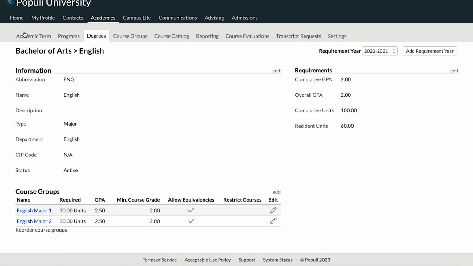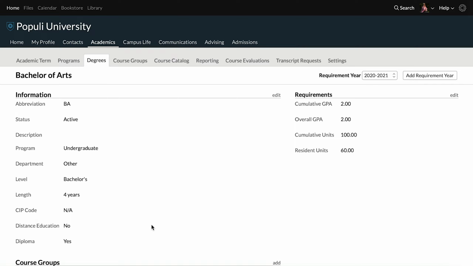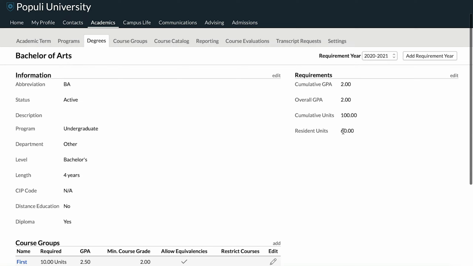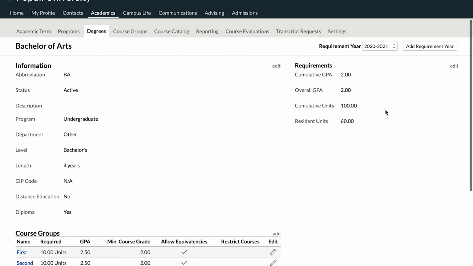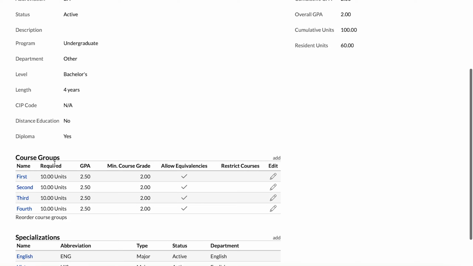So let's just choose some round numbers here. We'll go back. We're looking at the bachelor's degree, and you can see over here, we've got a total of 100 units that are required here to receive this degree. But then we can look at the course group requirements that are actually set on that degree. And we've got a total of 40 units or credits here.